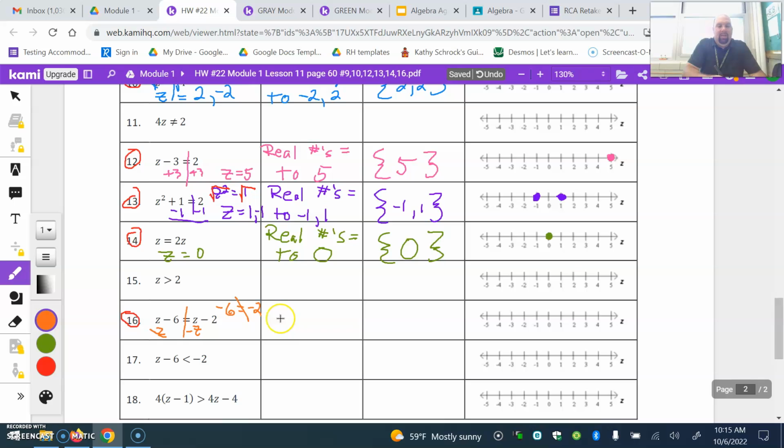So what does that mean? That means empty set, or no solution, or null set. So this time you can do empty brackets or Ghostbuster symbol. And then we don't put anything on the graph. That makes the graph real easy.